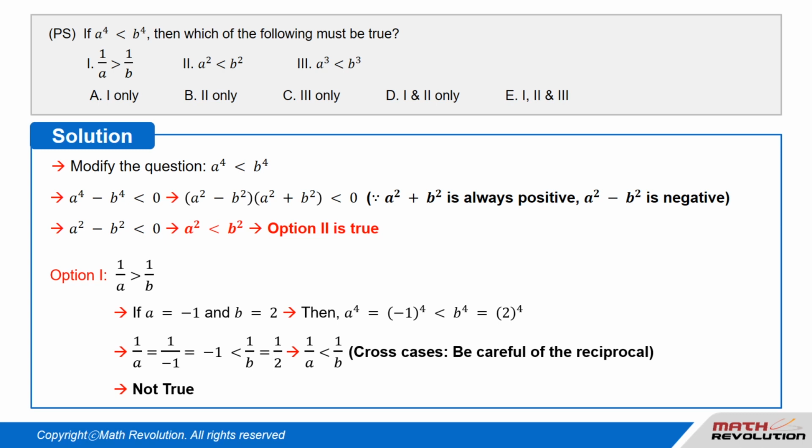However, 1 over a equals 1 over negative 1, which equals negative 1, which is smaller than 1 over b, which equals 1 over 2. Using cross cases, be careful of the reciprocal. Thus, this option is not always true. It is important to consider the cross multiplication cases where both negative and positive numbers are given.